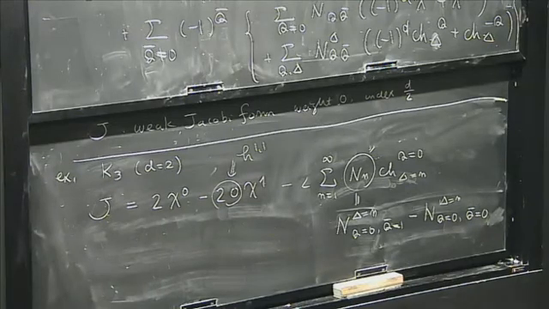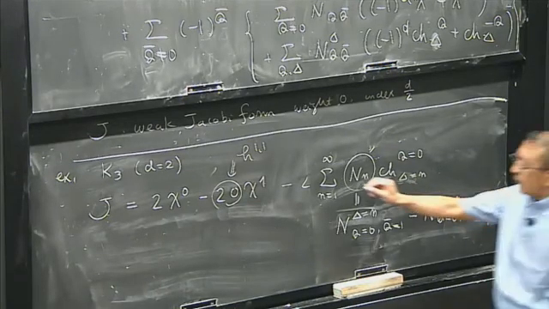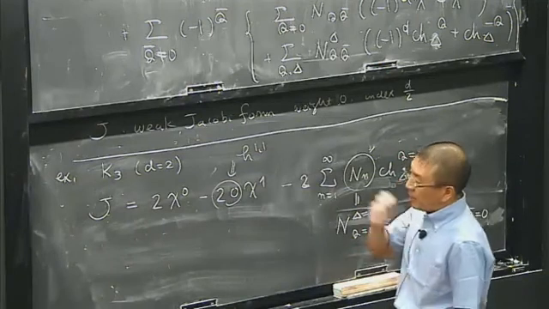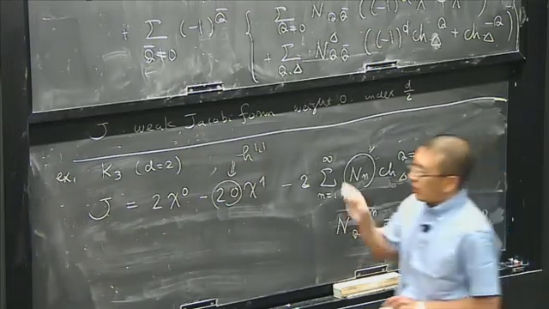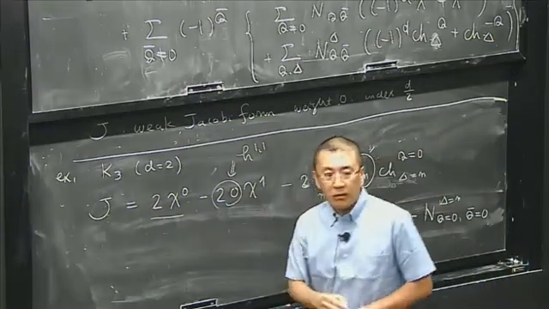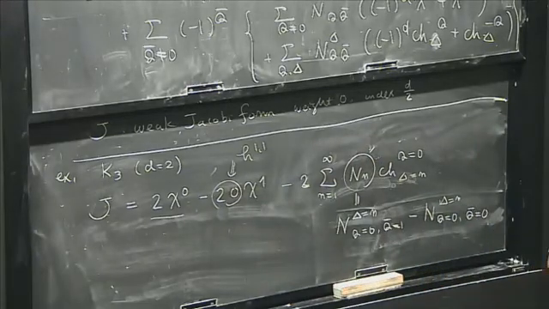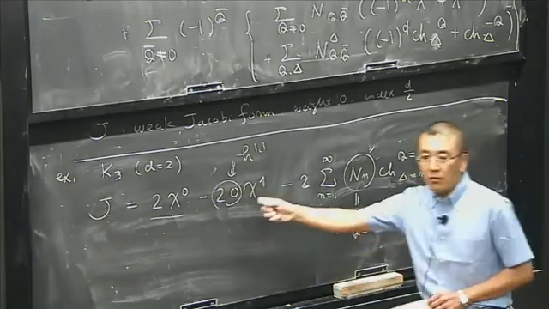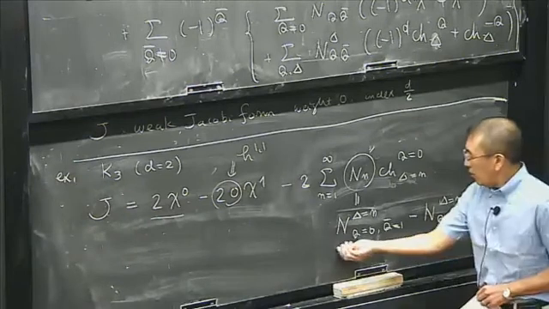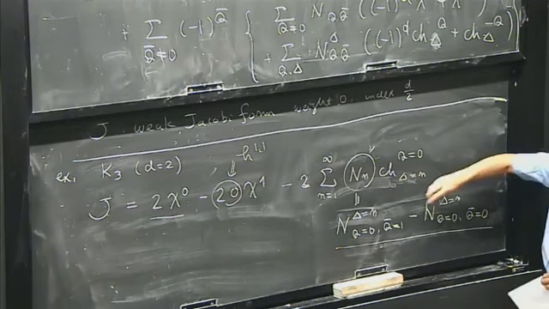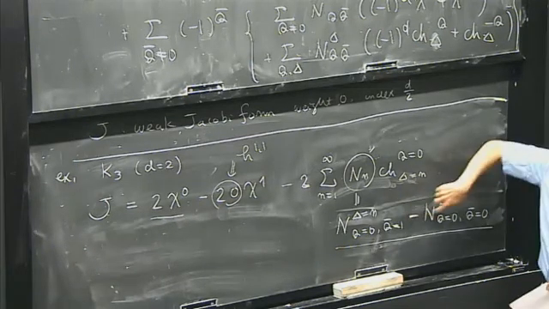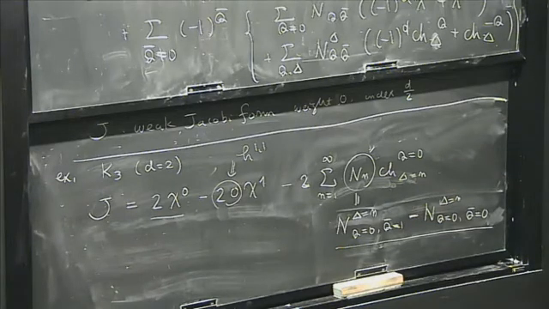By taking advantage of the fact that there is only one weak Jacobi form of weight 0 and index 1, you can completely determine this by knowing the multiplicity of the vacuum to be 1, and the rest is determined. H11 is determined, and also this combination of cross terms between BPS representations and non-BPS representations is determined.